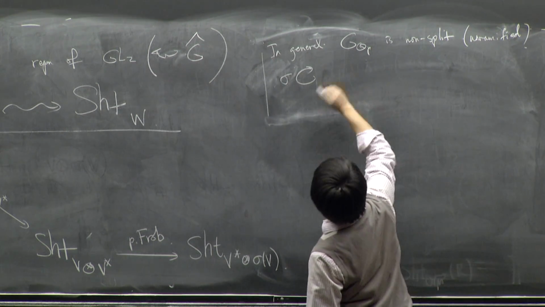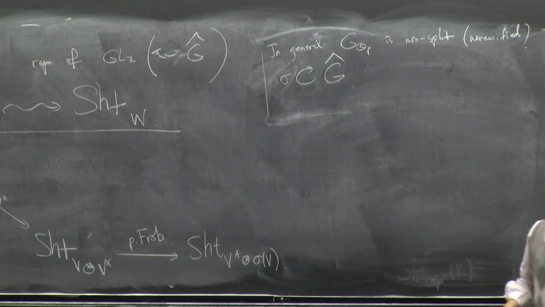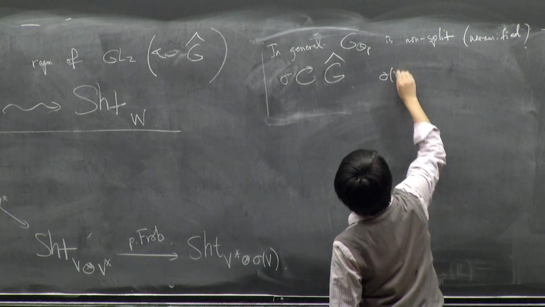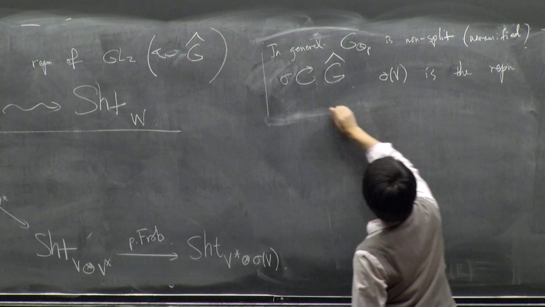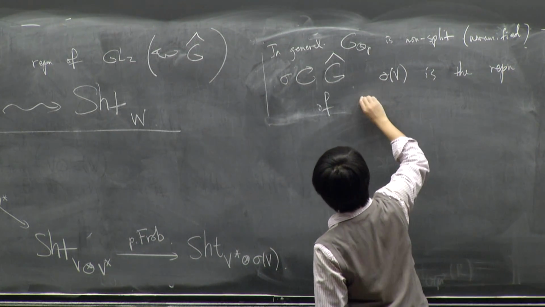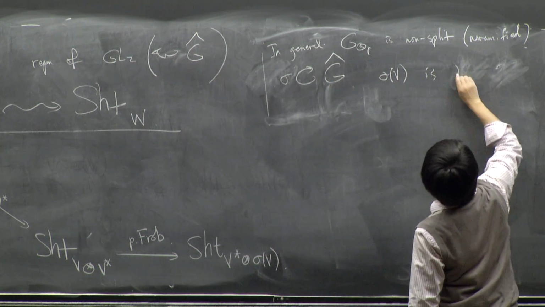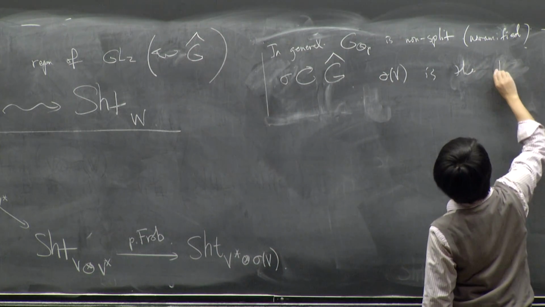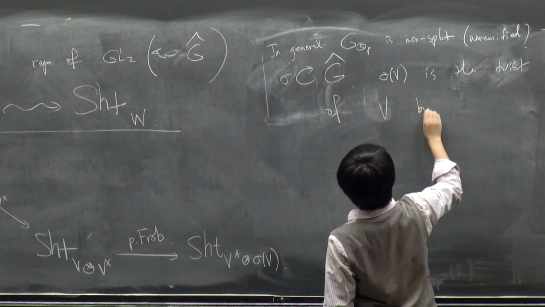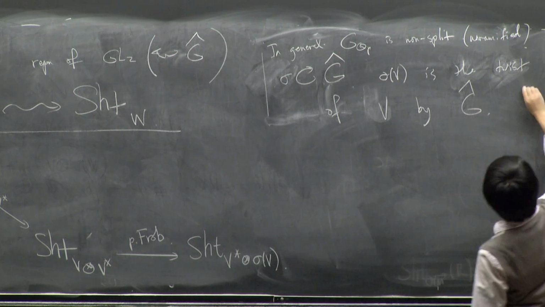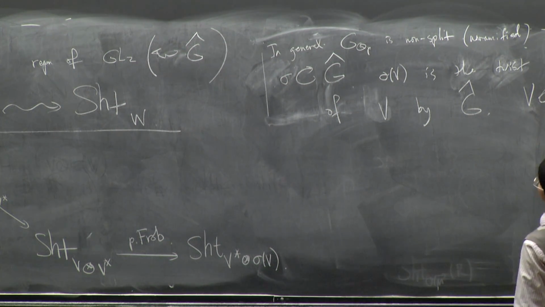Then sigma would act on the Langlands dual group, and sigma V is the twist of V by sigma, where of course V is a representation of G hat.